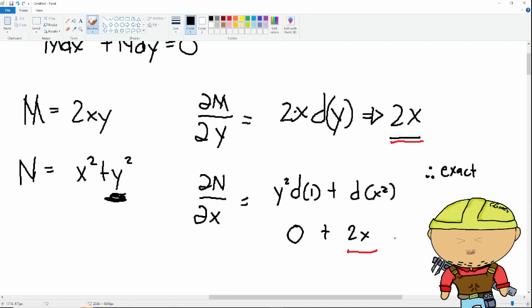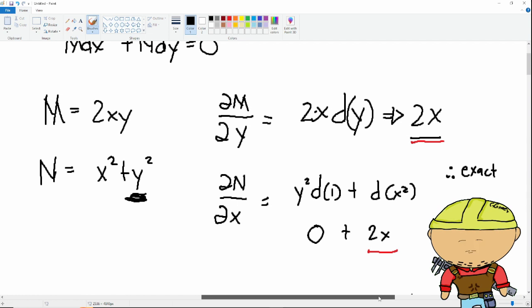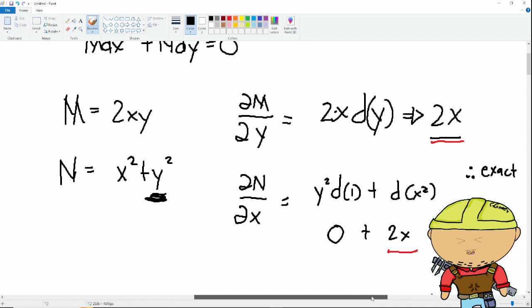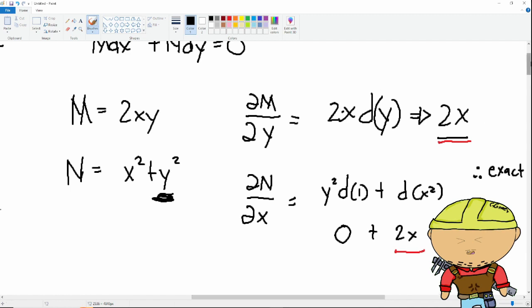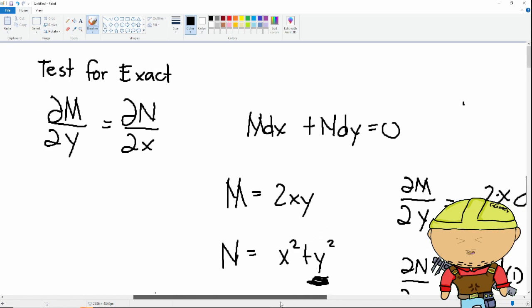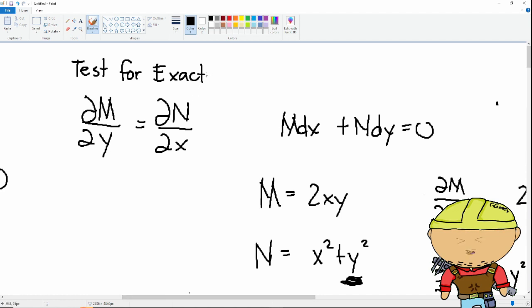When the partial derivative of M with respect to y is equal to the partial derivative of N with respect to x, it is exact. I hope you understood what the test for exactness is.